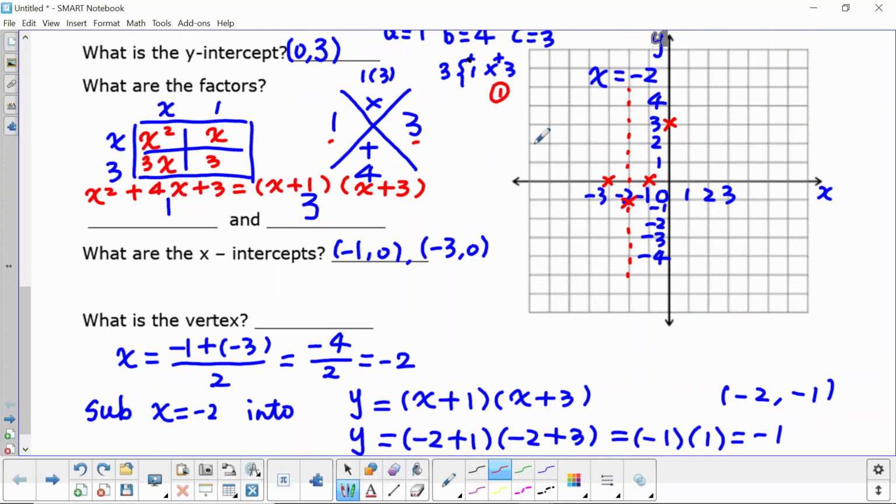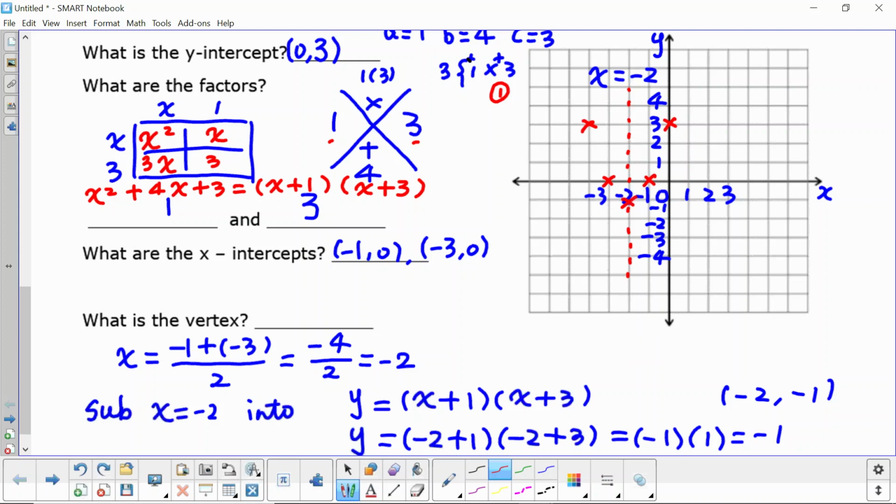Then we want to have 5 points to do the graphing. So these 2 points are good, and for this point we find the point which is symmetric with it. So from here to the right 2 grids, then to the left it should be 2 grids too. So this point, find the point of symmetry, the point which is symmetric on this line.